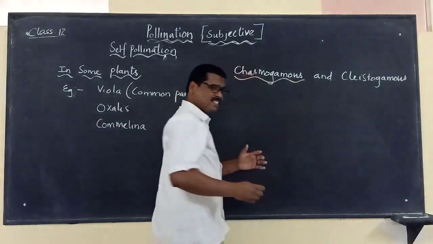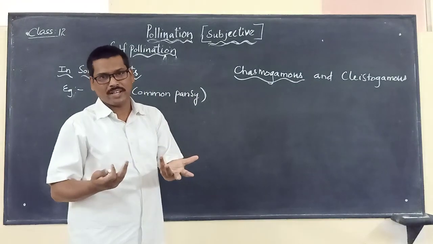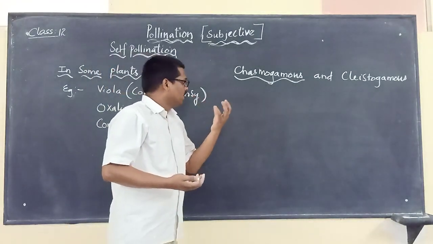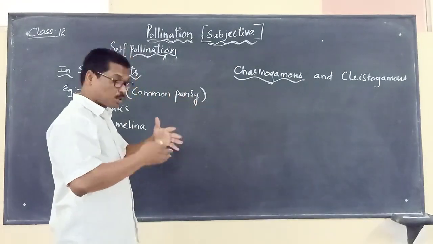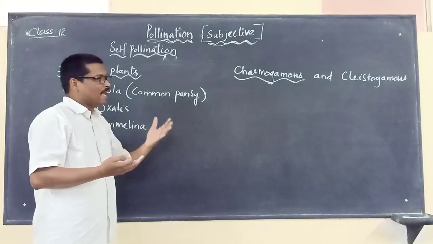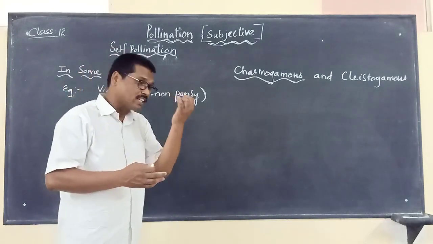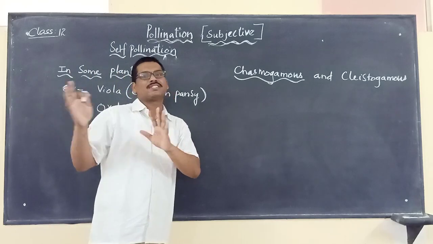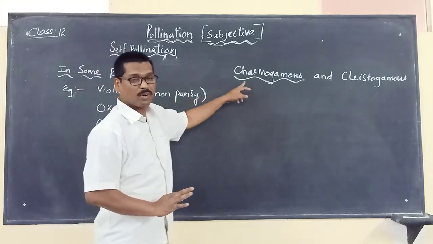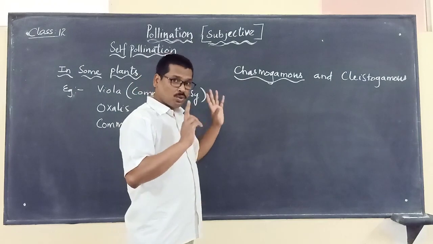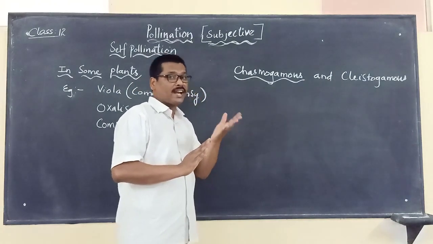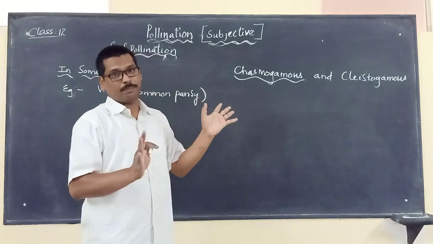Chasmogamous flowers are the same as the other flowers we studied, showing exposed anther and stigma, or we can say the androecium and gynoecium are exposed, as in other flowers we come across. Chasmogamous flowers expose the anther and also the stigma.